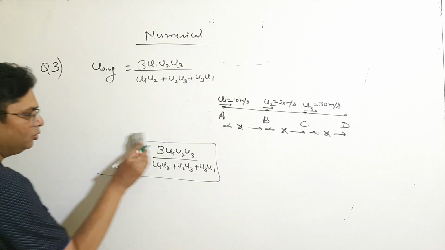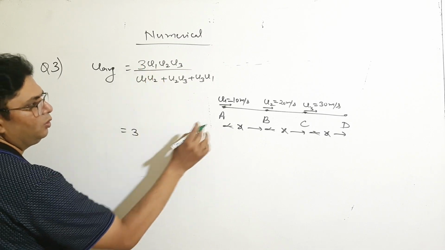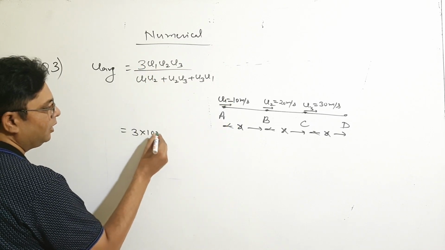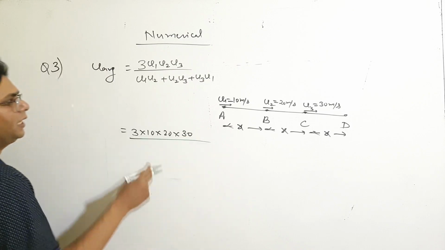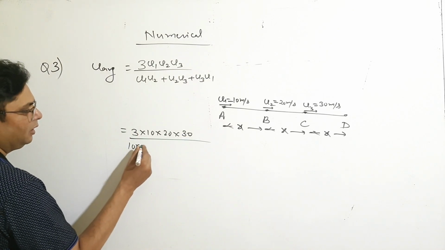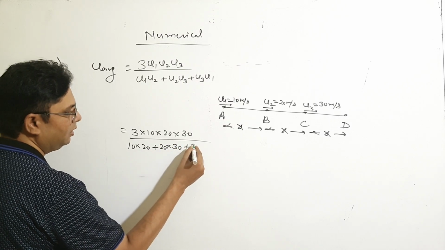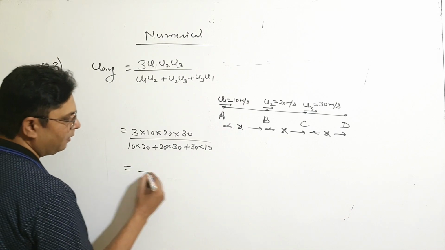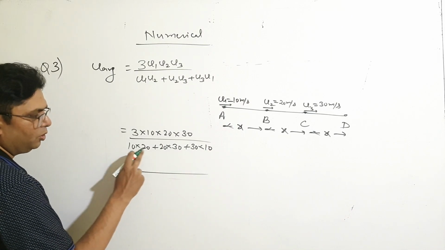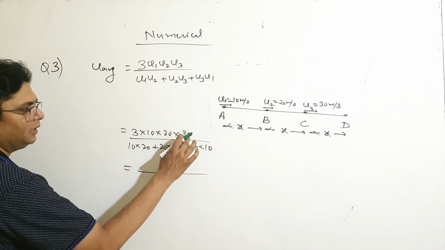Now put the values. This is 3. What is u1? u1 is 10, u2 is 20, u3 is 30. In the denominator, u1 u2 is 10 into 20, then 20 into 30, then 30 into 10. Now here there are zeros; this means 100 from the denominator will cancel these two zeros.